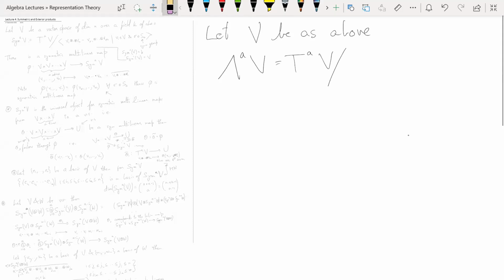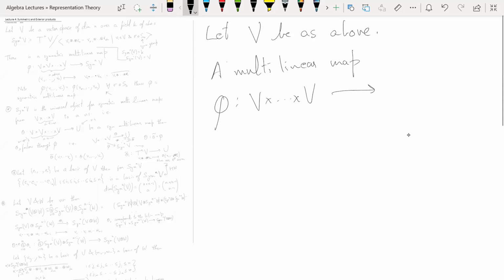So let phi be a multilinear map from V cross V, A copies let's say, to another vector space U. This is called anti-symmetric.